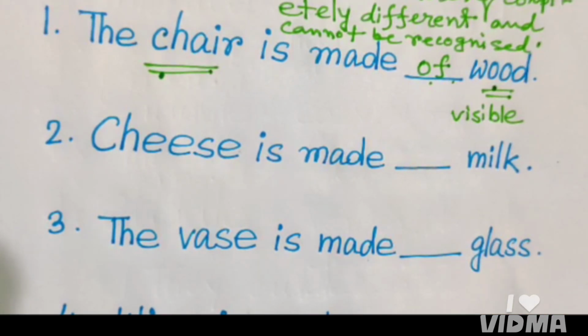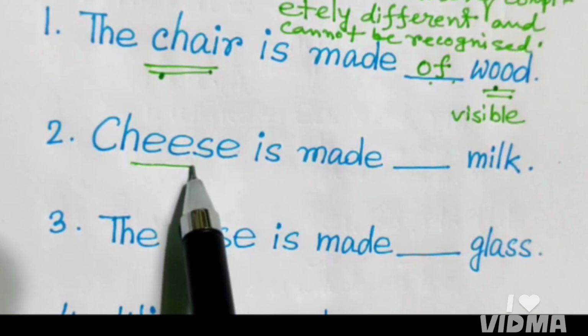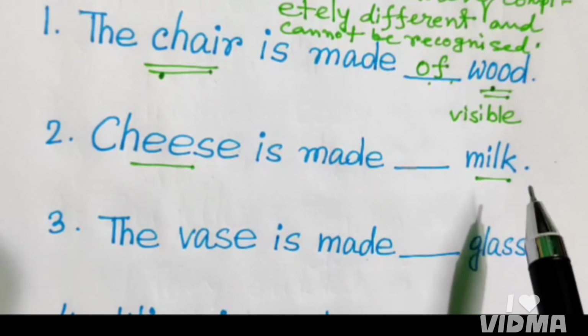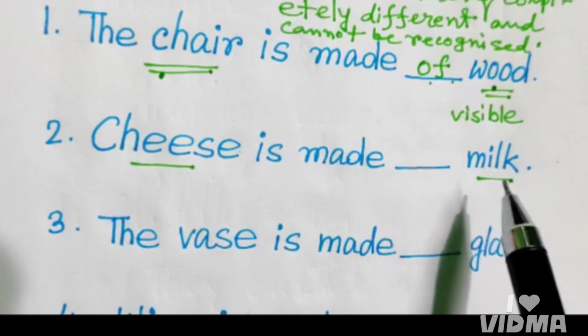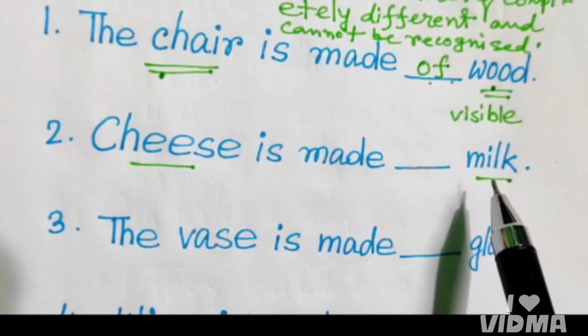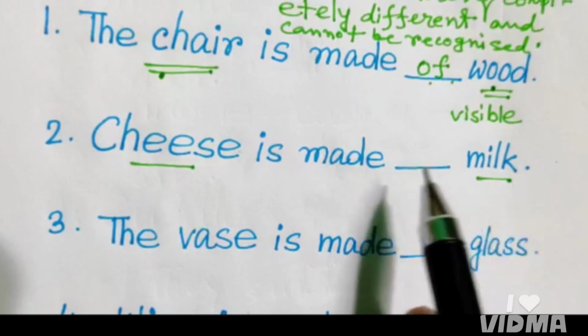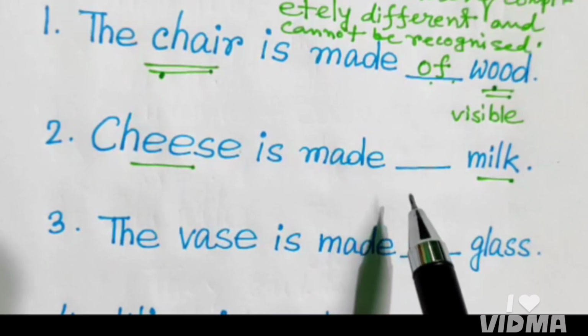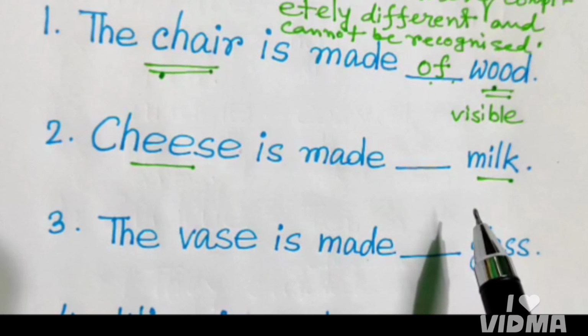Next, cheese. Here see milk. Cheese is made blank milk. Milk is changed into cheese. So the original product is not visible.